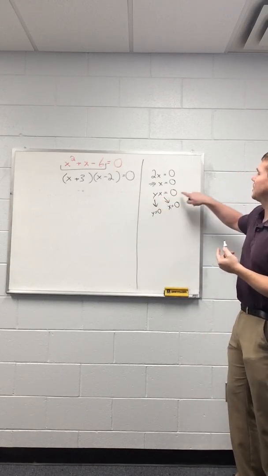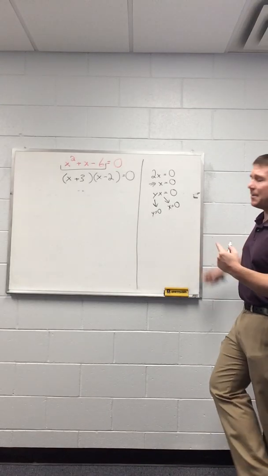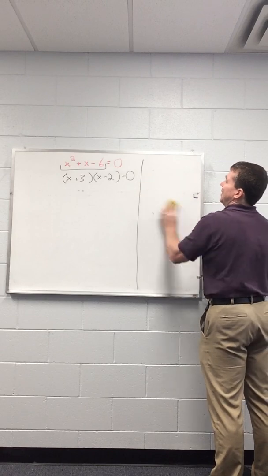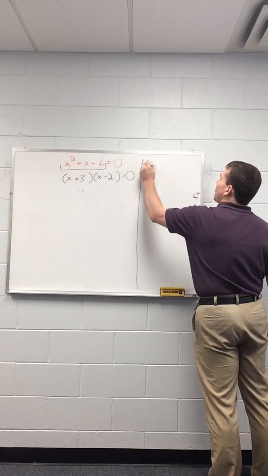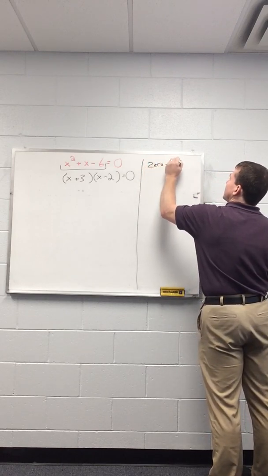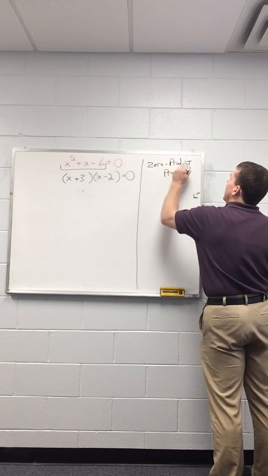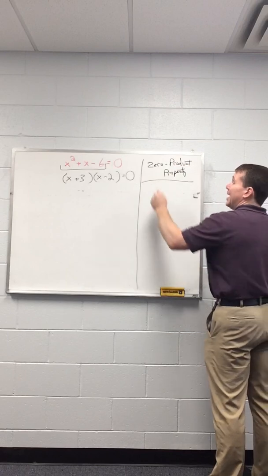Because that's the only way I can multiply 2 things and get 0. And because of this, we get something that's really special in math. It's called the zero product property. Or you can also call it the cancellation law.